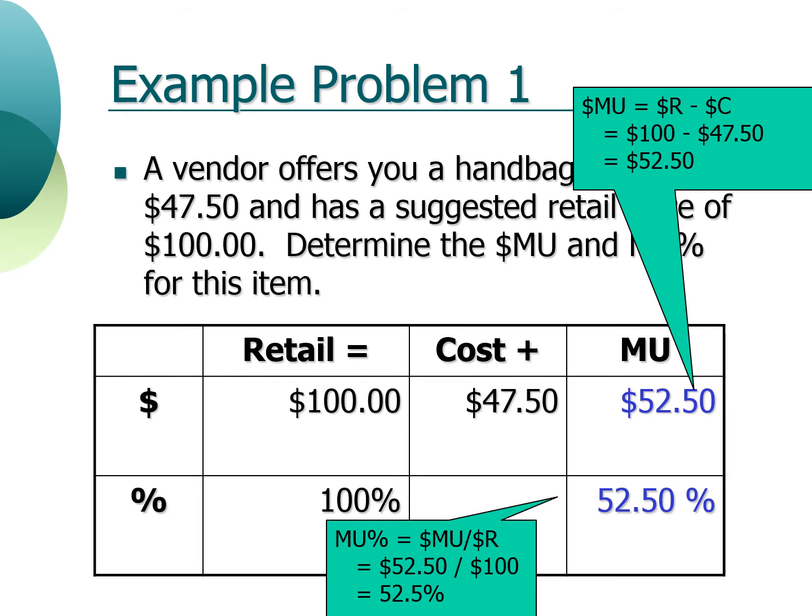That is a very typical problem. So I call this one of the 3 most frequently used pricing or markup problem cases in the industry, and I call that case number 1, and we'll take a look at it on the next slide.